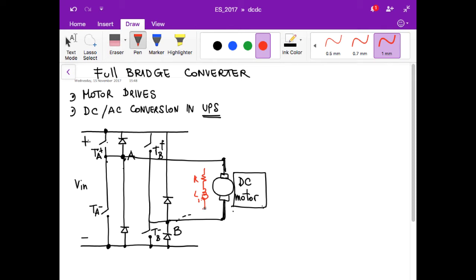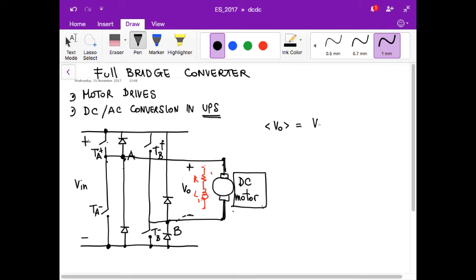This is important because the behavior is very similar to that of an inductor, so it tries to maintain the current through the motor. The average output voltage is the average VA minus the average VB.